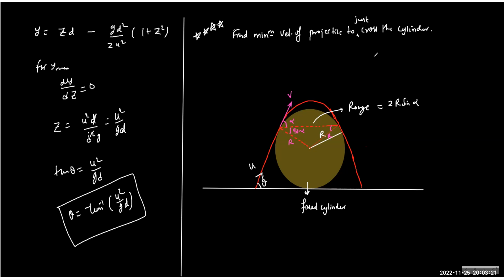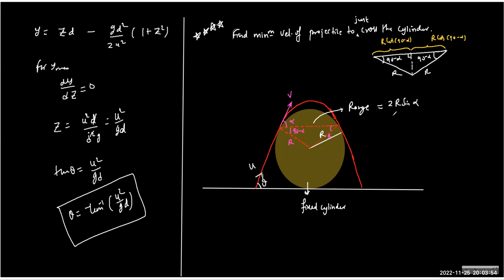Because this is an isosceles triangle. Do you see the range now, guys?